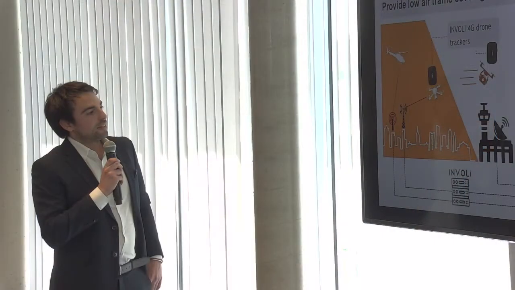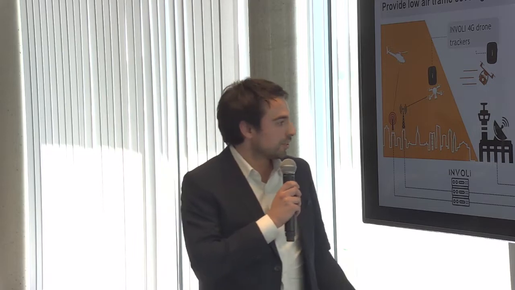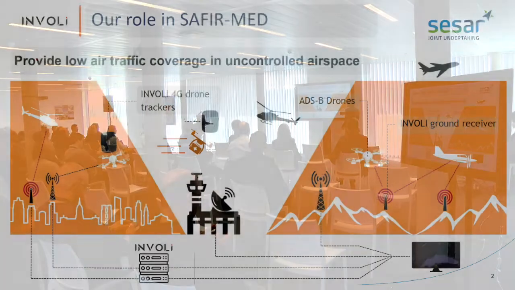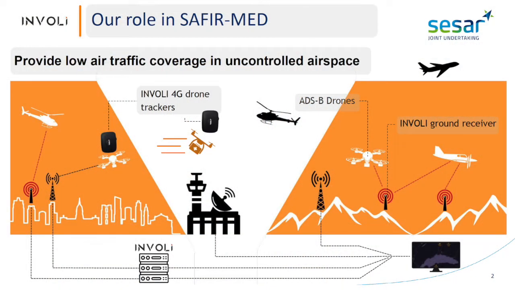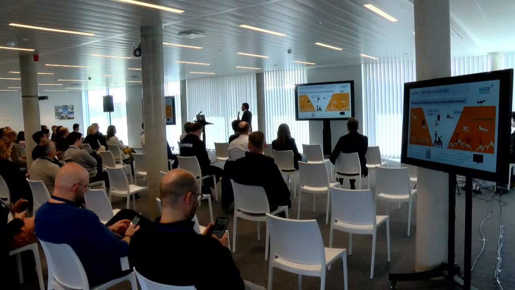This data then goes to our servers, and the servers compute that data to make it usable for U-space, USSPs, and the U-space GeoZone Manager, for instance, integrating it into their system. And then with that data, we can prevent collisions.